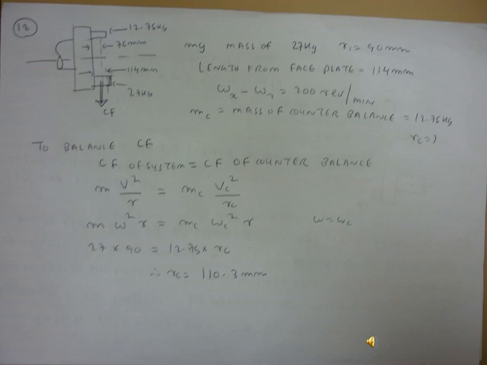In this case, M omega squared R equals MC omega squared RC. The mass is 27 and R is 90. MC is 12.75 and RC is unknown. By solving this, RC equals 110.3 millimeter.